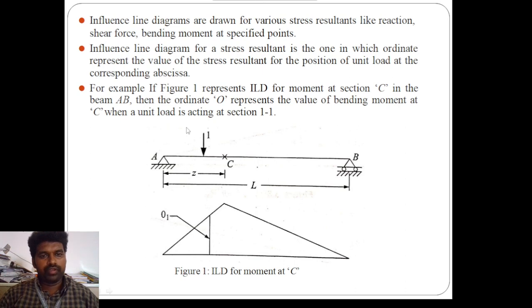For example, if figure 1 represents the ILD for moment at section C in the beam, then the ordinate represents the value of bending moment at C when a unit load is acting at section 1-1, because the maximum bending moment of the beam will act at the C point only, but the load is acting at some distance from C. Z denotes the distance from A to C, and A to B is L, the span.